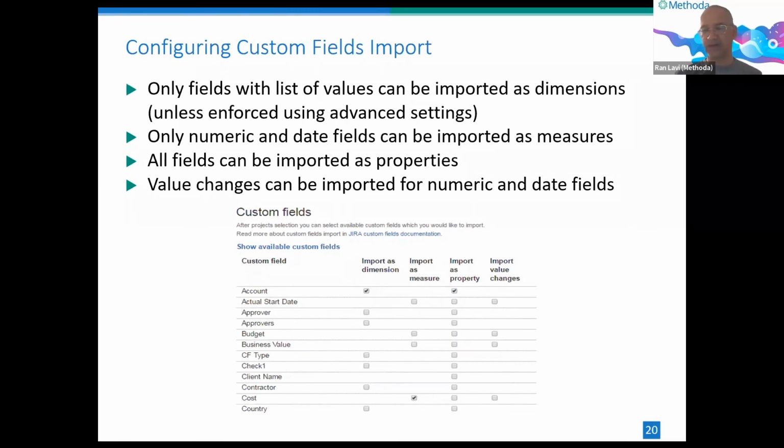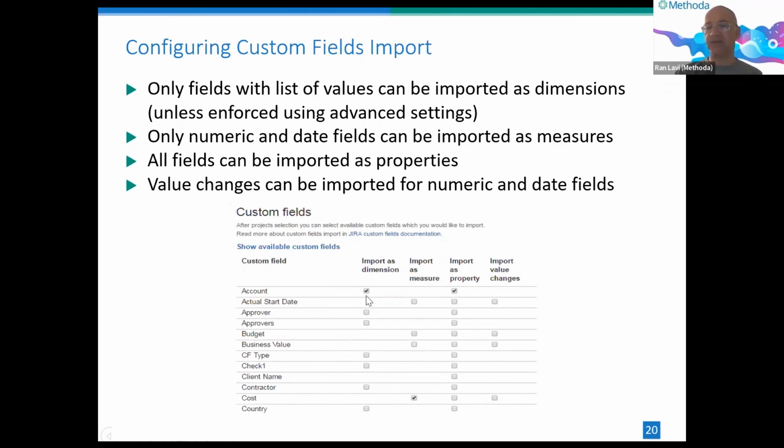There is also some little complication here that also dates are able to be imported as measures, but we will leave that for later. All of the fields can be imported as properties. As I said, property, you are not restricted. Anything can be a property, but not anything can be a measure, only numeric and dates. And not anything can be dimensions, only list of values, single or multi, but list of values.